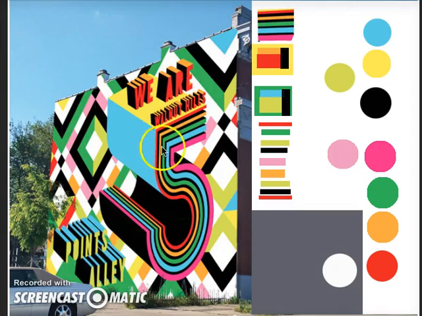Then we have this secondary focal point that actually takes our attention, which are We Are Walnut Hills and Points Alley. And this way they wanted us to relate those two parts of the mural, so they used similar proportions, but they switched one palette to the cooler colors and one palette to the warmer colors.